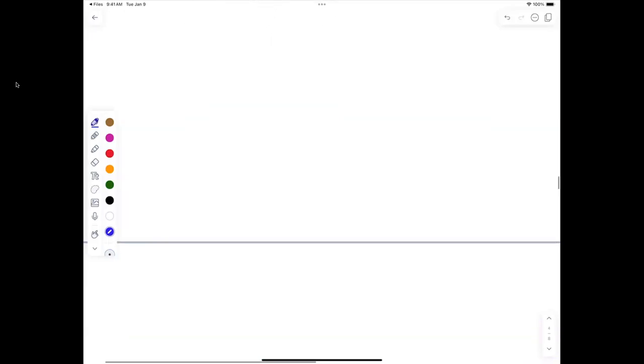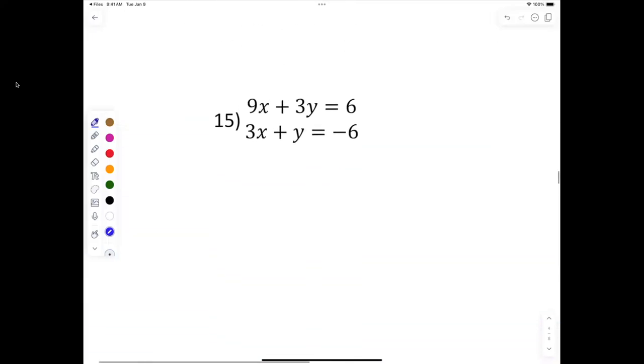Okay, let's look at 15. Good for you, AJ. What am I going to do? You're awesome, buddy. Multiply the bottom by -3 is absolutely correct.